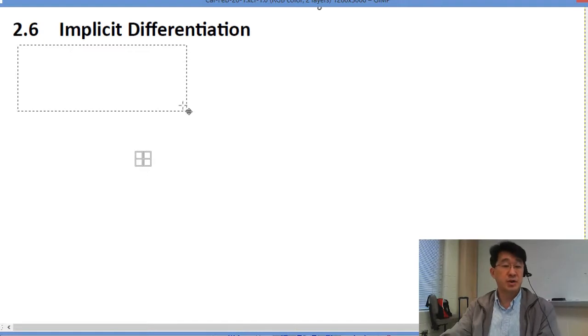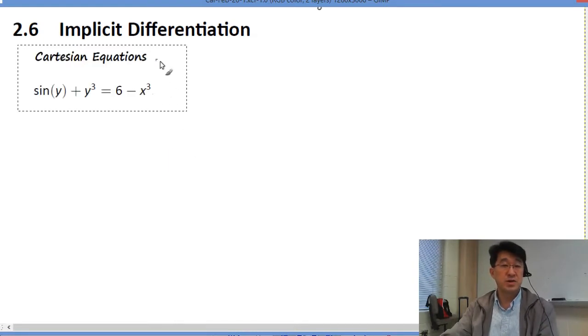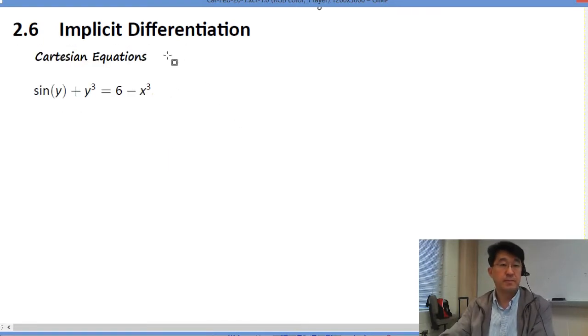Okay. We start with this thing called the Cartesian equation. The key thing is that when you're looking at a Cartesian equation, there are no functions. Cartesian equations are about Cartesian coordinates. What are the Cartesian coordinates? x and y, right? These are not function variable x and function y.